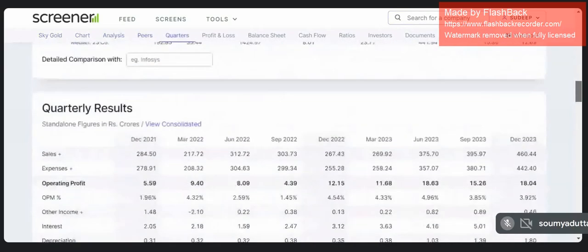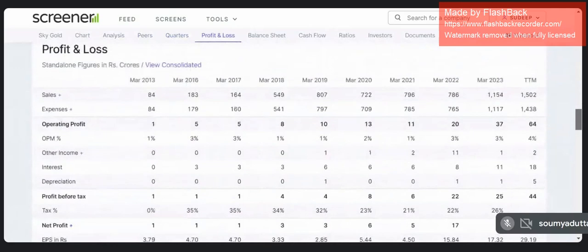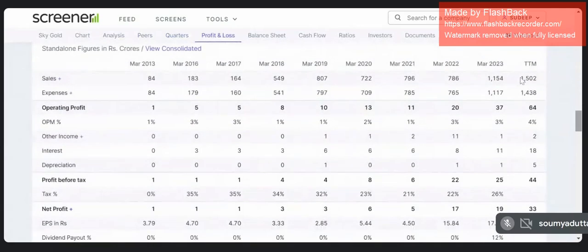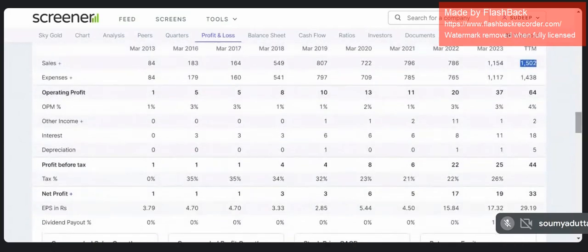And the reason was that, see, TTM revenue is 1,500 and EPS is 30. Last time it was 17.32. The company should easily get 15 to 20.